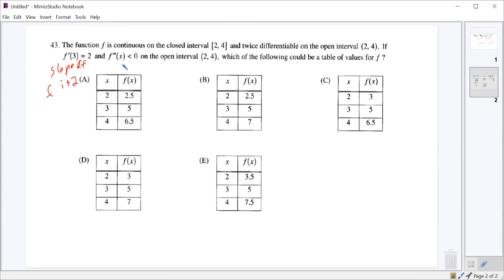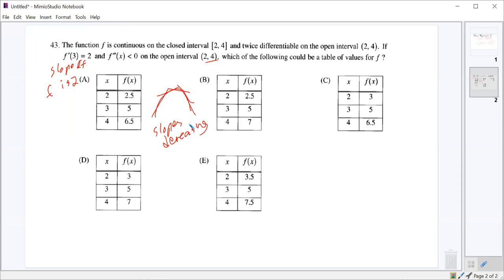And then here, if f double prime is less than 0, that means that the function is concave down. And if a function is concave down, what does that tell you about the slopes? If the function is always concave down on this interval, the slope should always be decreasing. Does that make sense to everybody? Right? The slopes are large positives and they get smaller positives and 0, then small negatives, larger negatives, and so on.